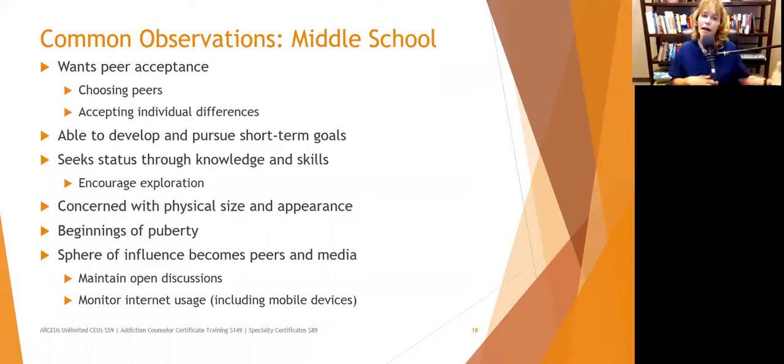Again, separating the behavior from the child, and then letting the youth choose who they're going to be friends with. And they need to learn to accept individual differences, recognizing that even their best friend is not going to agree with them on everything. They can develop and pursue short-term goals and seek status through knowledge and skills.